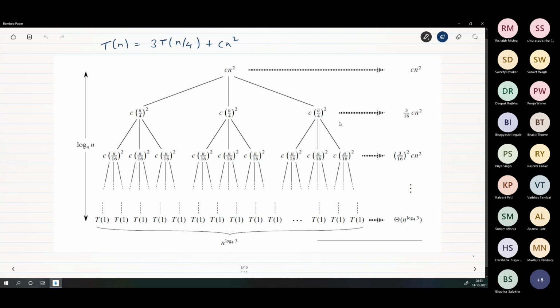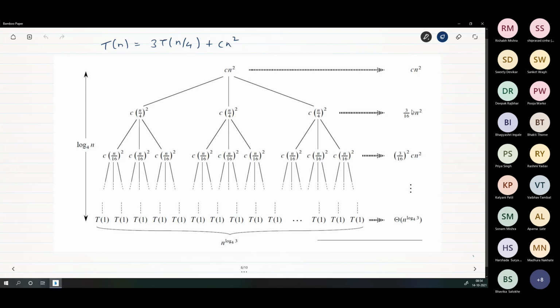Now at the next level which you saw, you had t of n by 16 at each of these, 9 times they were occurring. Now if you open all of those, each one will branch out 3 times. But now the cost becomes 9 times of this.